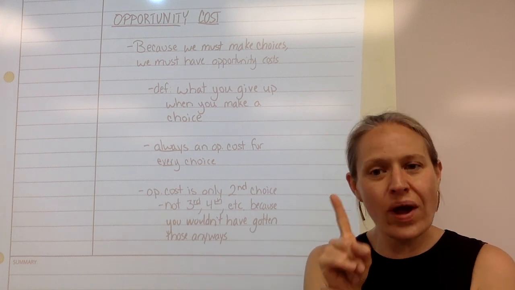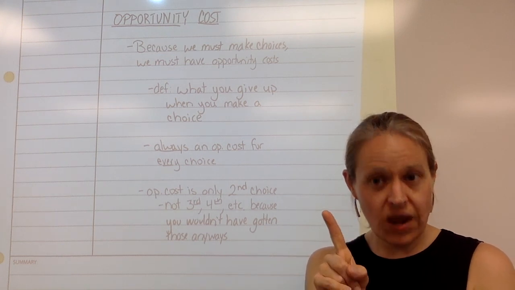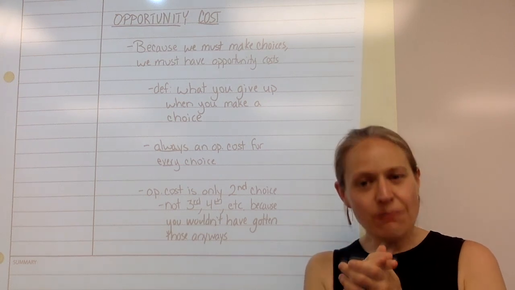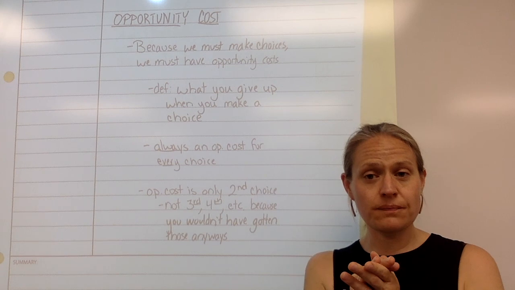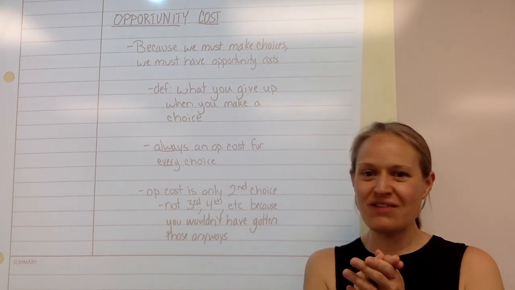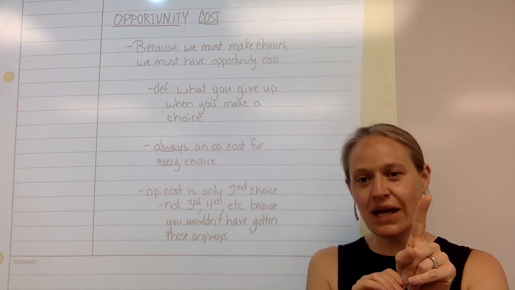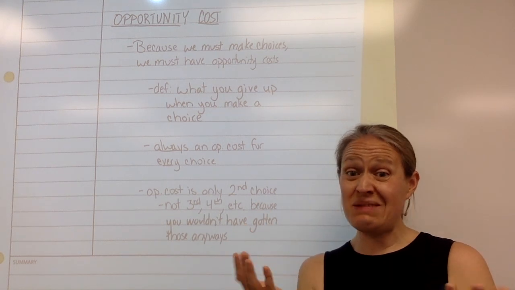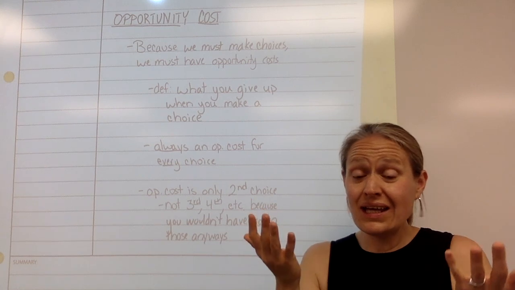When I went to Mankato, I made that choice. I'm going to Mankato for college, and I did. I gave up the opportunity to go to St. Thomas. I did not give up the opportunity to go to St. Ben's, because if I didn't go to Mankato, I would have gone to St. Thomas. I wasn't going to go to St. Ben's either way.